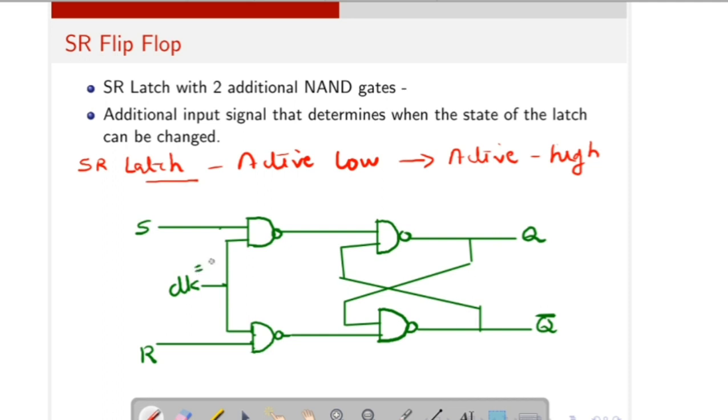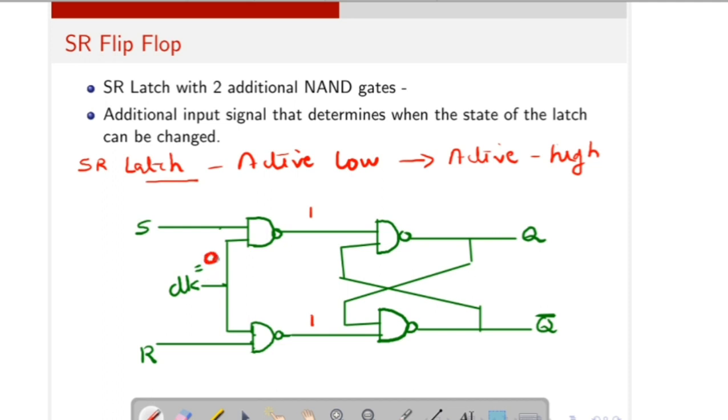When the clock is equal to 0, one of the inputs of this NAND gate is 0. That means it outputs 1. In the case of an active low SR latch, when both the inputs are 1, the output retains its state, with no change. So when the clock is equal to 0, it retains the previous state.